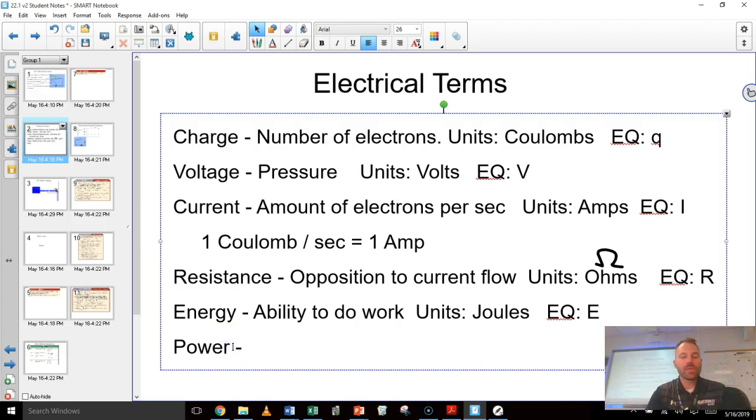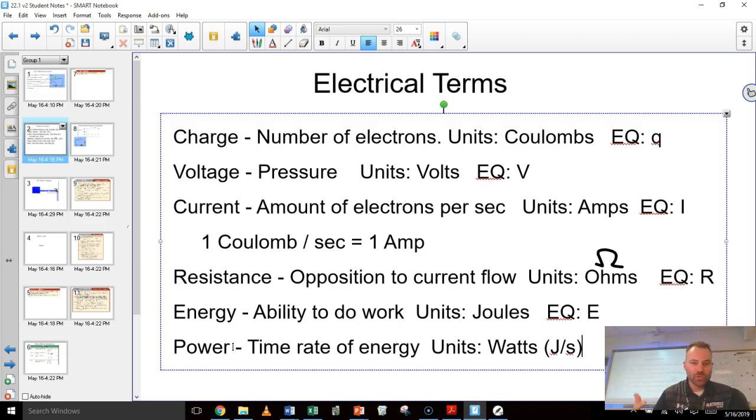And then power. Power is how much energy you can produce per second. Like lifting up 400 pounds in like a squat. How fast you do that means that you have more power. So that's the time rate of energy. Its units are going to be watts, sometimes known as a joule per second.